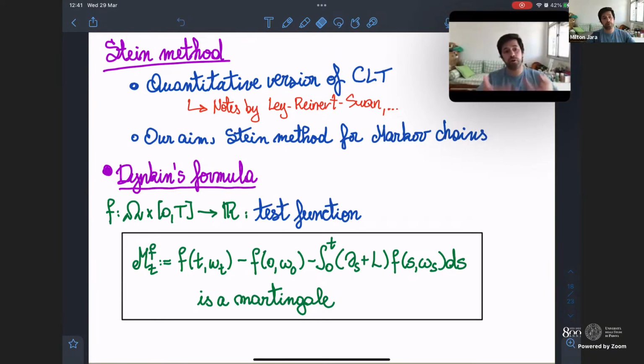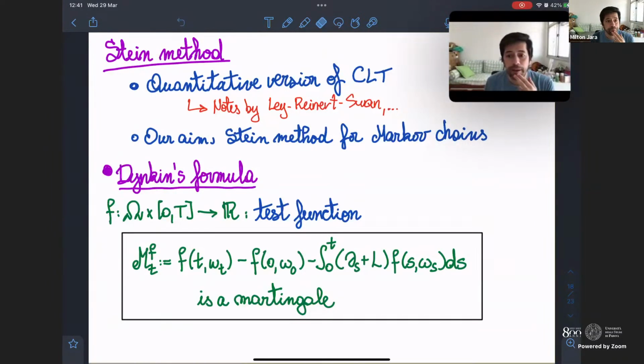Then you construct a Markov chain which has this target measure as the invariant measure, and then you run the Markov chain to get information about this measure. In that part, you have the freedom to choose the Markov chain, so usually you can choose it in a clever way to make things work better.